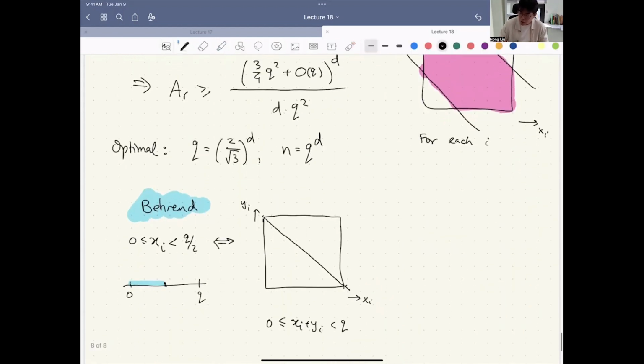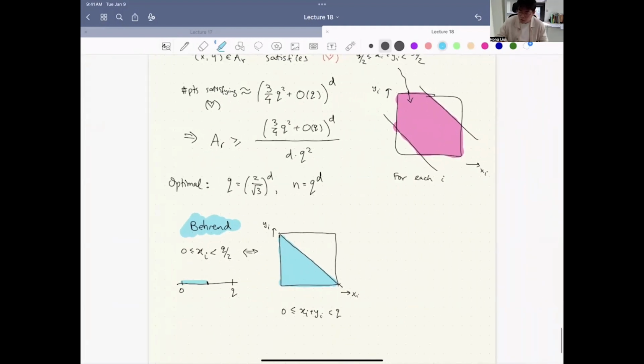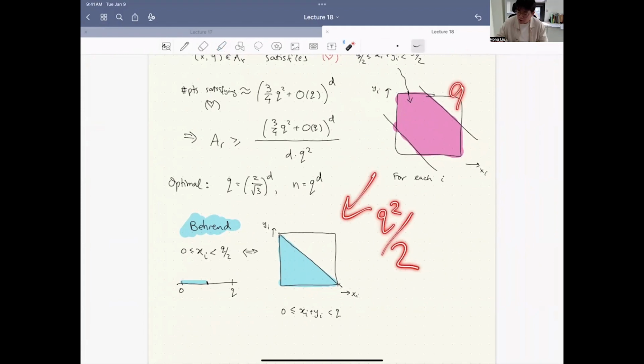So the corresponding area is here. And simply look, this area is roughly q²/2, right? Here is 3q²/4. This is larger. This is one way of comparing these two.